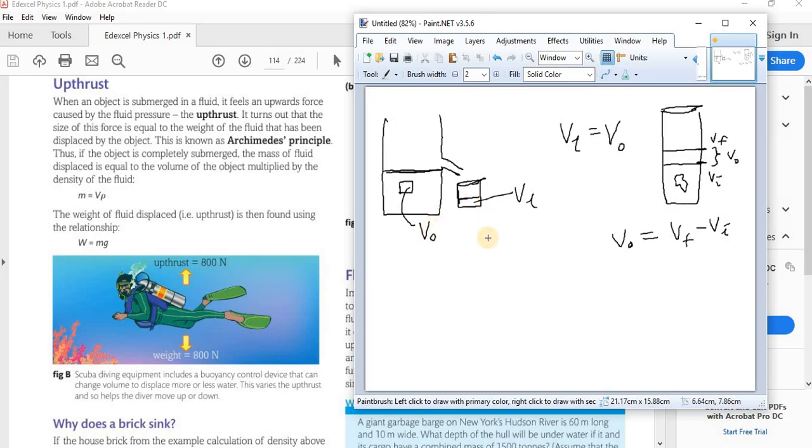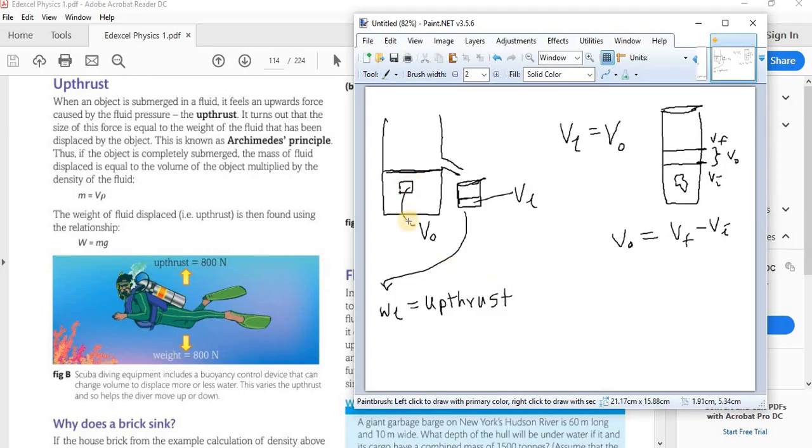And Archimedes' principle states that the weight of the liquid displaced is equal to the upthrust. Okay, so if you calculate the weight of this liquid, the weight of the liquid is equal to the upthrust on this object here.